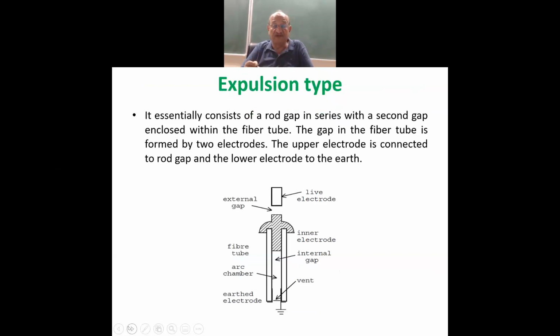This is what I talked about: expulsion type of lightning arrestors, which had an arc chamber within, as you can see here. That means a flashover is occurring within the arrestor. Nowadays, such types of lightning arrestors or diverters are no more in use.